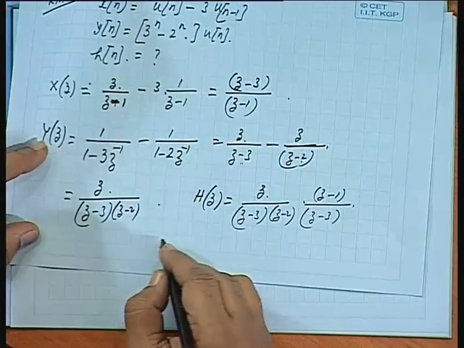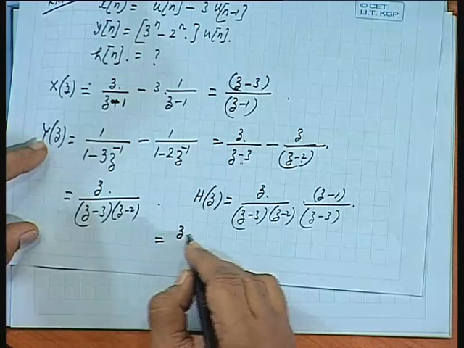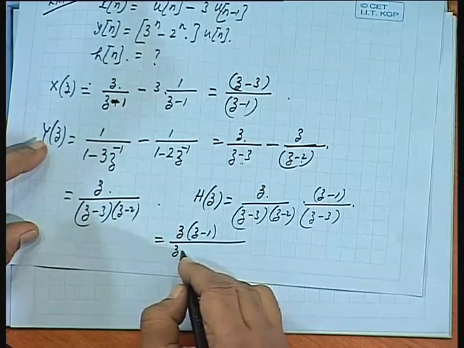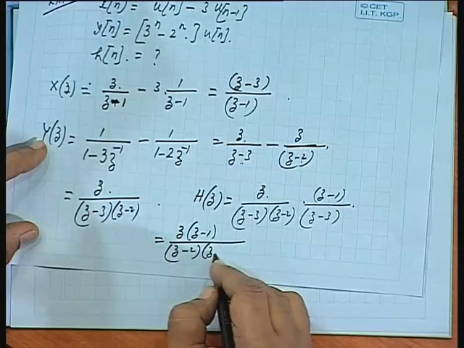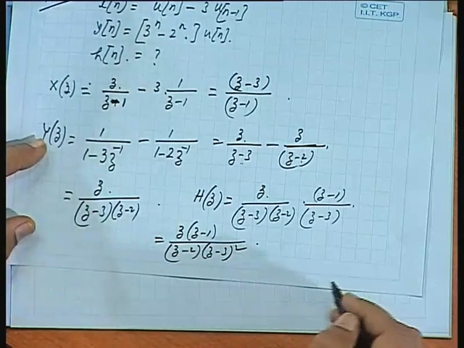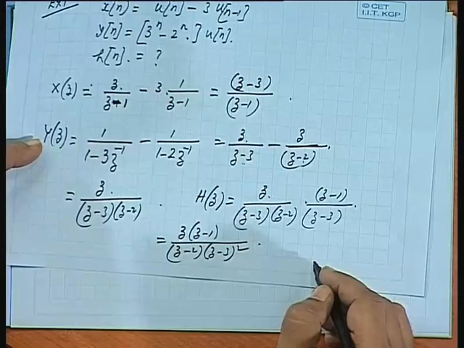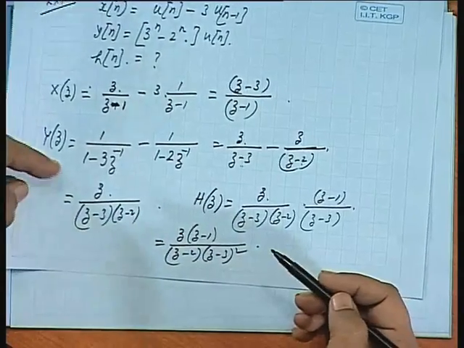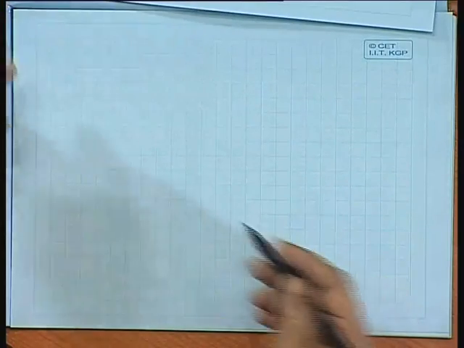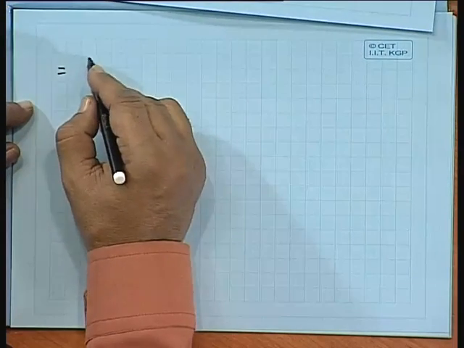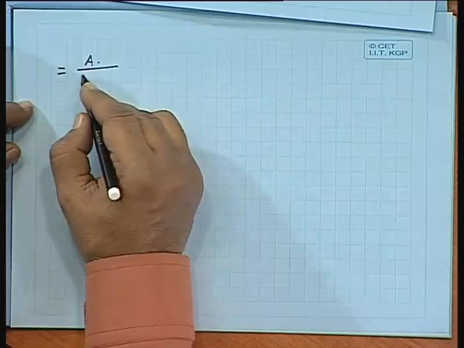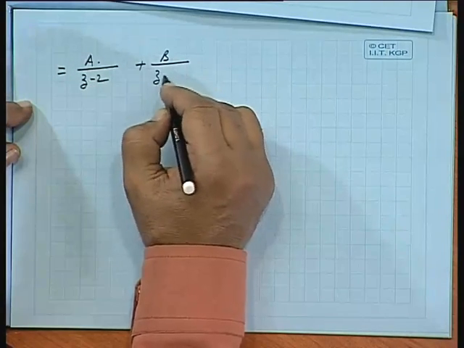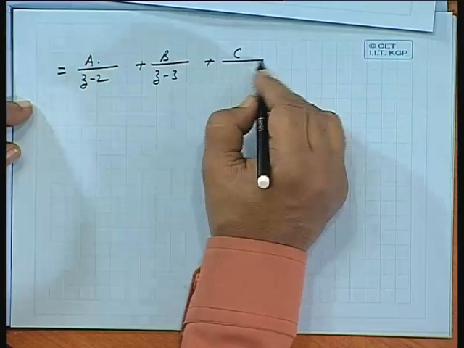So, that is equal to z into z minus 1 by z minus 2 into z minus 3 whole square. Make partial fractions and then take the inverse. Can you make the partial fractions? Let's see. A by z minus 2 plus B by z minus 3 plus C by z minus 3 whole square.